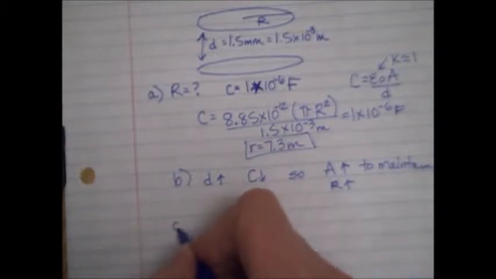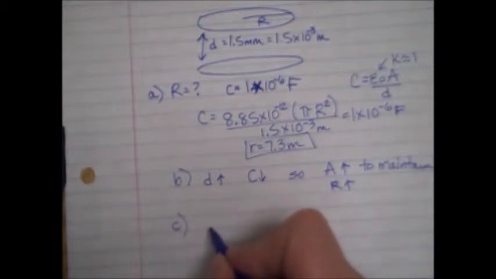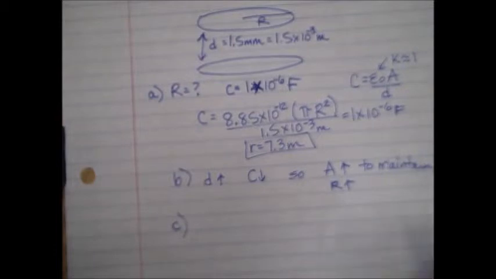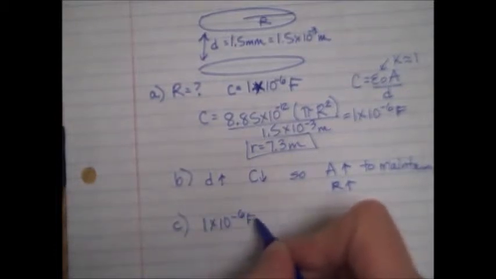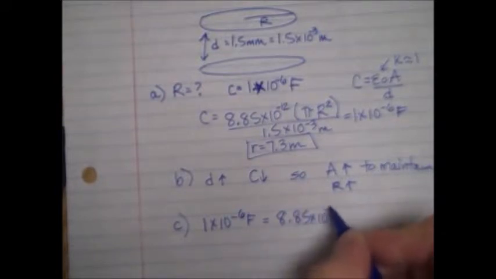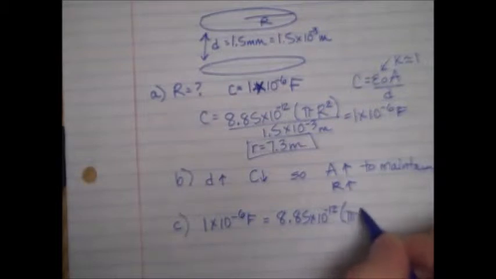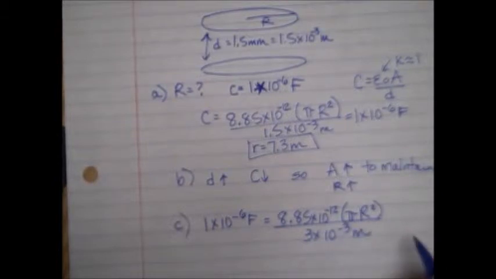Then for part C, find the radius of the plates that gives a capacitance of 1 microfarad with a plate separation of 3 millimeters. So for this, capacitance is 1 times 10 to the minus 6 farads. That equals epsilon 0 pi r squared divided by 3 times 10 to the minus 3 meters.